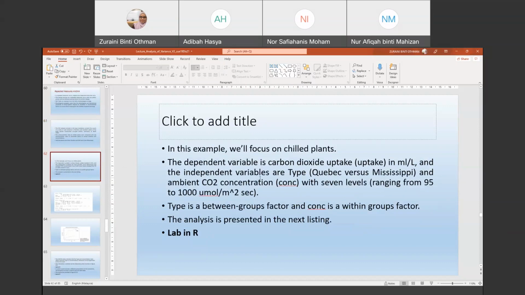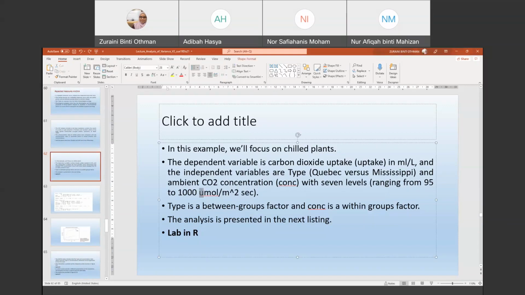The independent variables are type, which is Quebec versus Mississippi, and ambient carbon dioxide concentration, with 7 levels ranging from 95 to 1000. This is the range for the 7 levels of carbon dioxide concentration.